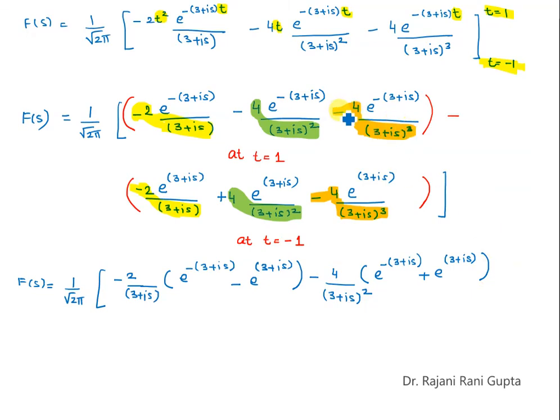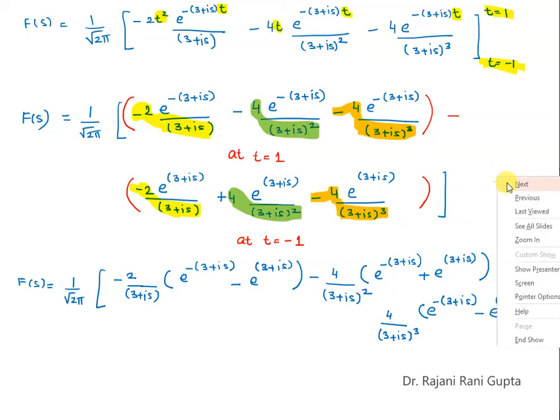And then this is minus and this minus minus is plus. I am taking minus outside, so minus 4 over (3 plus iota s) to the power 3. So what are we left with? e power minus (3 plus iota s), and then minus e power (3 plus iota s).